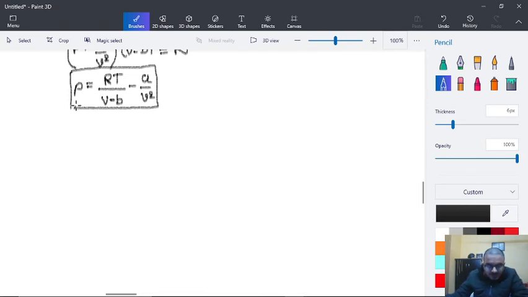So let's modify this equation a bit, that after some mathematical formulation the equation can be modified as PV cube minus (PB plus RT) V square plus AV minus AB is equal to 0.